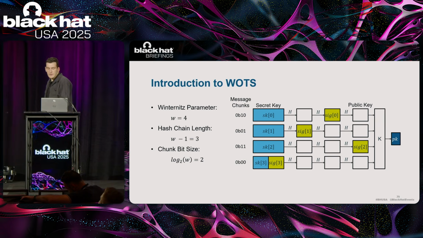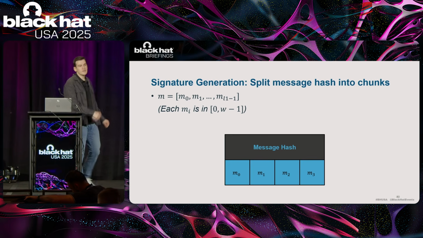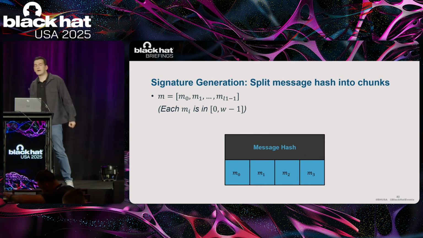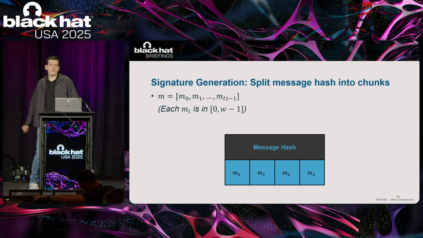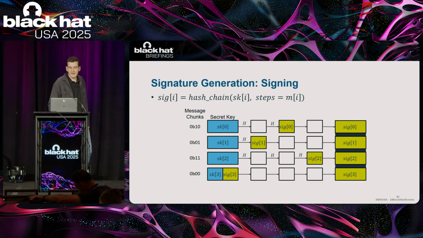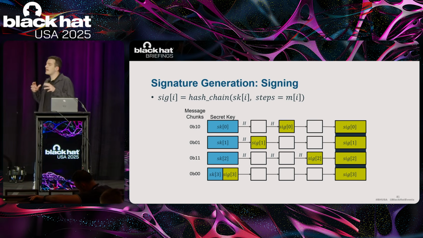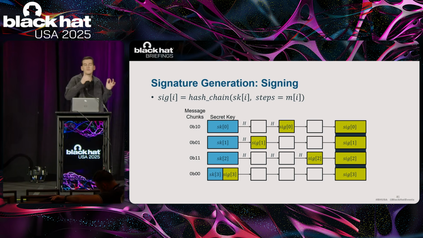size is 2. So for the signing, first we are splitting the message hash into message hash chunks. And for our simplified WOTS tree, we are going to split the message hash into 4 chunks. And then for the signing, we are hashing the secret chunk with the value of the message chunk.